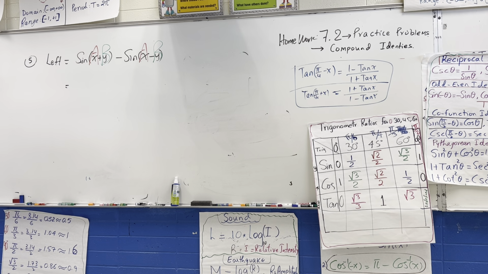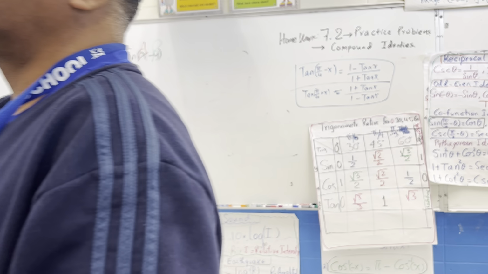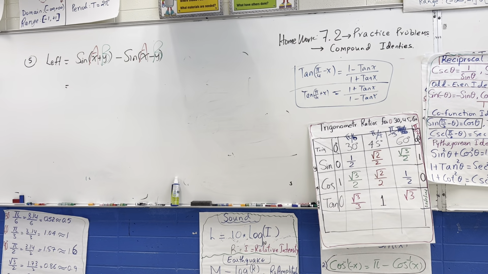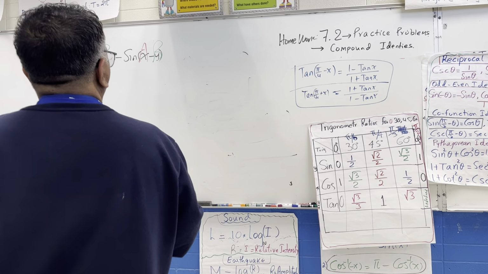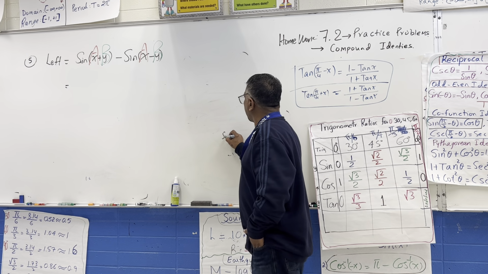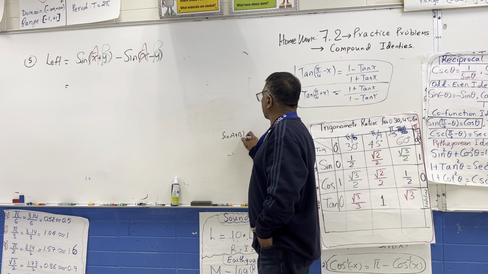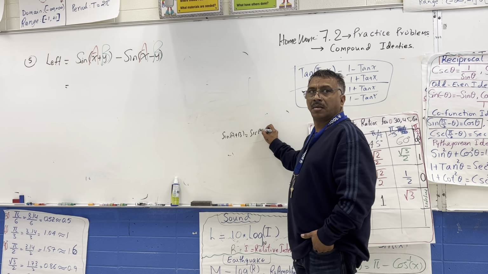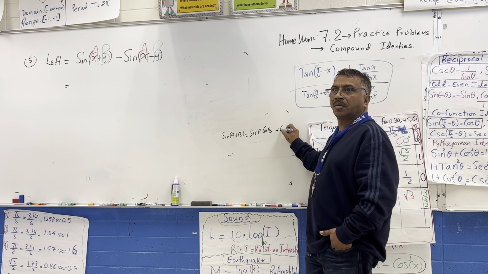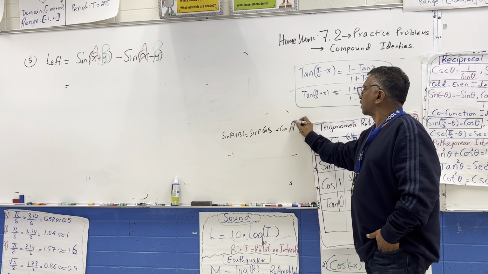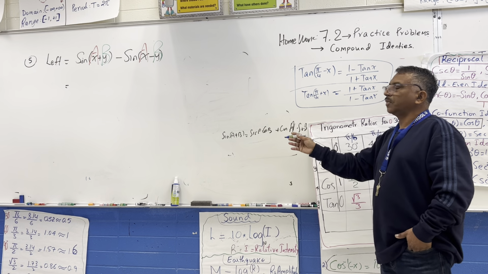Valerie, you want to finish? On the board? You can. Just use that sin A cos B, cos A sin B formula. What is sin A plus B? Is it not sine A cos B plus cos A sine B? That's all.